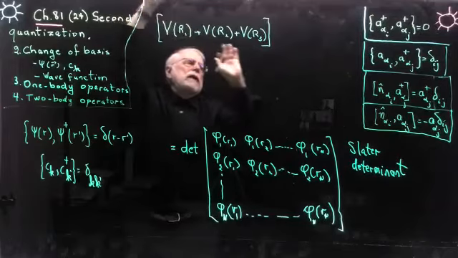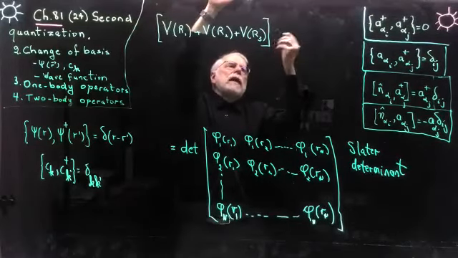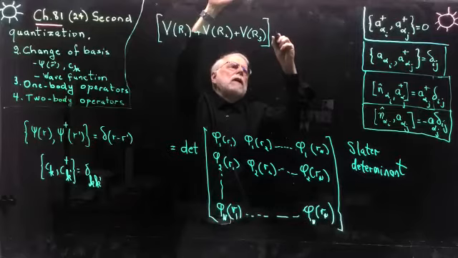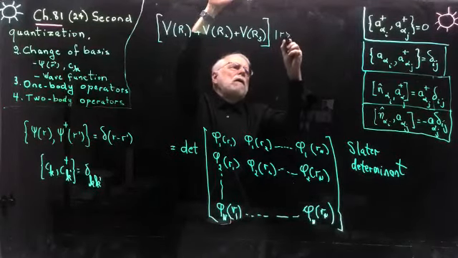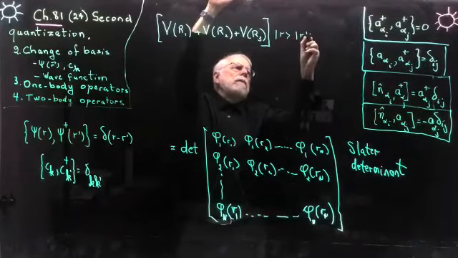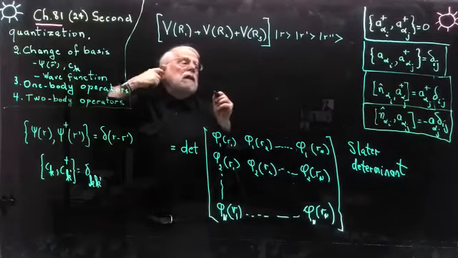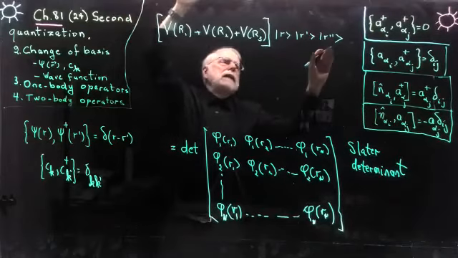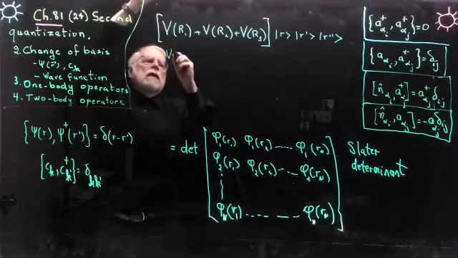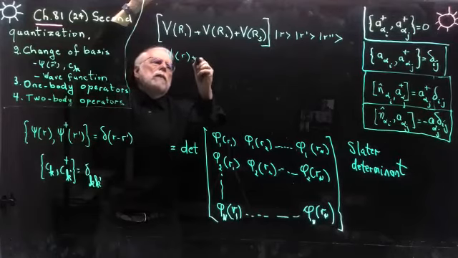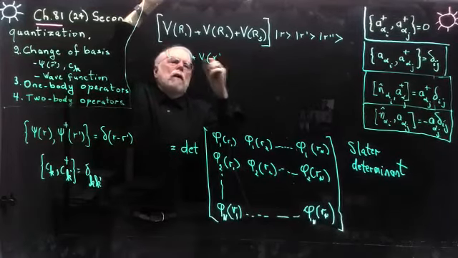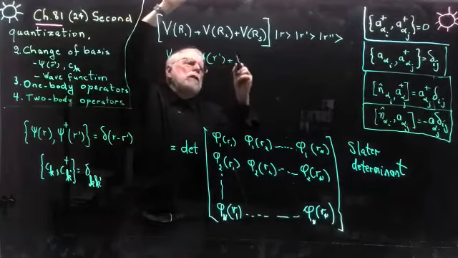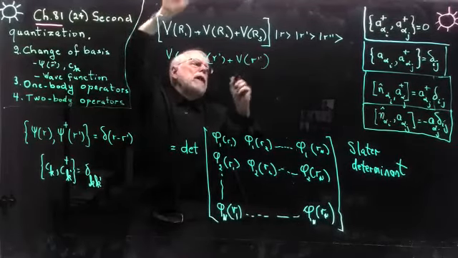So again, in first quantization, we can take, for example, position eigenstates, and let's not anti-symmetrize for now. We write R, R prime, R double prime. We have not anti-symmetrized. So when this acts on this state, it gives V of R plus V of R prime plus V of R double prime, right?